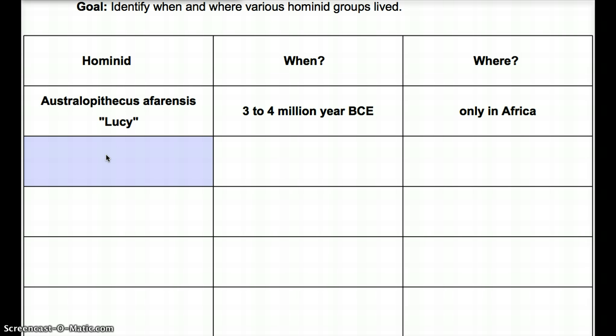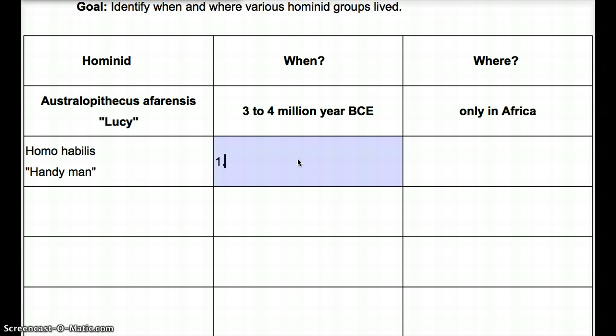The next hominid group we're going to be discussing is called Homo habilis. This is also a pretty long name, so we're going to give them a nickname as well. This one we're going to call Handyman, because they were the first to really start working with small tools. Well, when did Homo habilis come onto the scene?